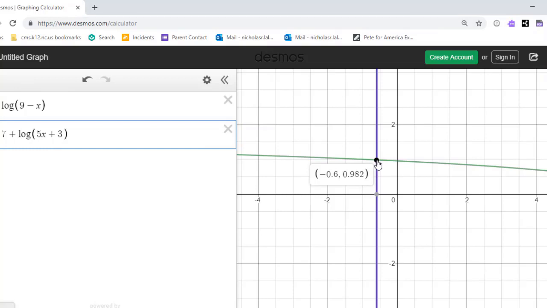And because I've calculated that intersection, that's the x value that's the correct solution. So I really think it shows good thinking to show your work and use your log rules to solve this problem.